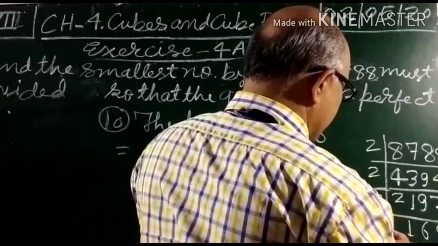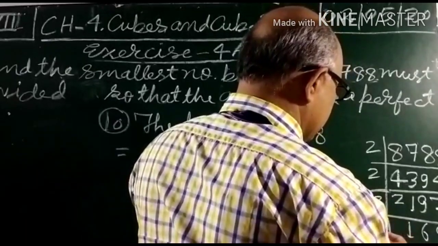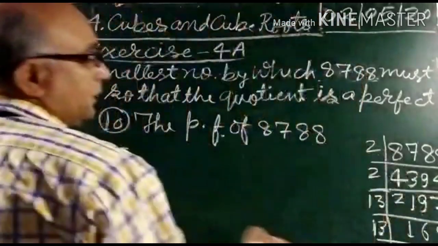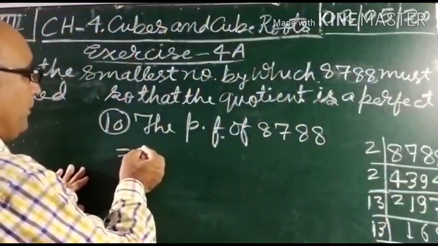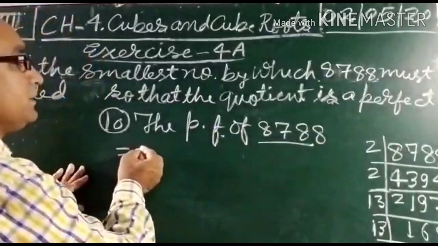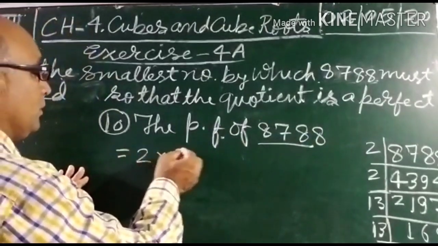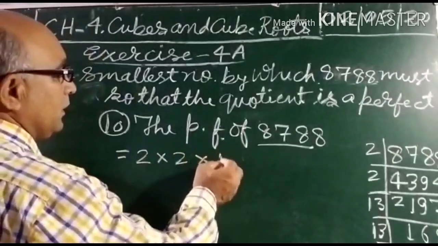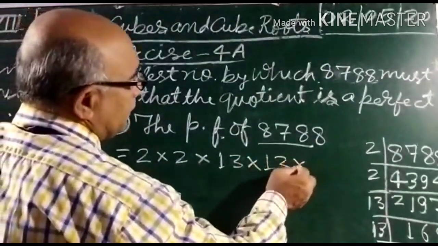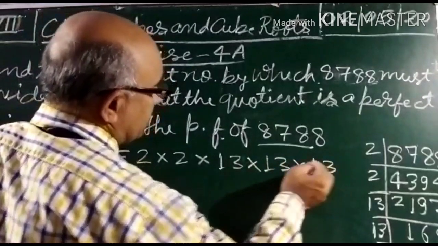Again it is divided by 13. So 13 times. Now the PF of 8788 is 2 into 2 into 13 into 13 into 13.